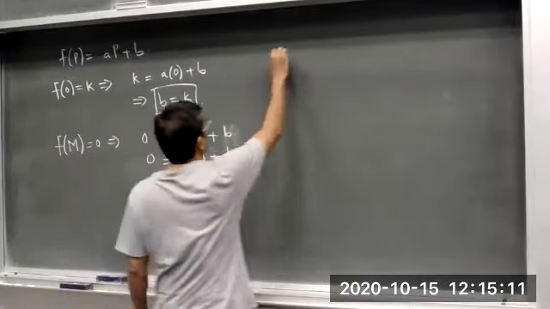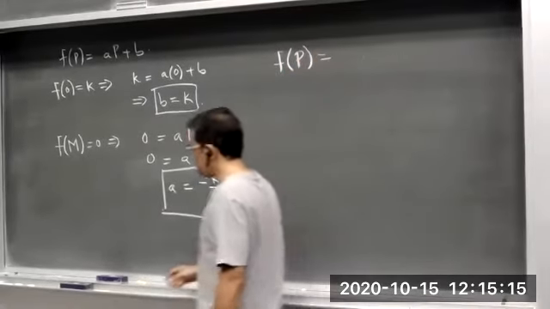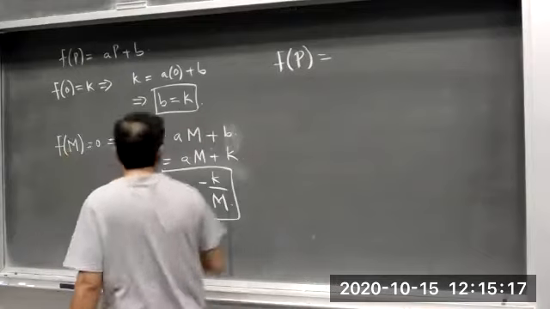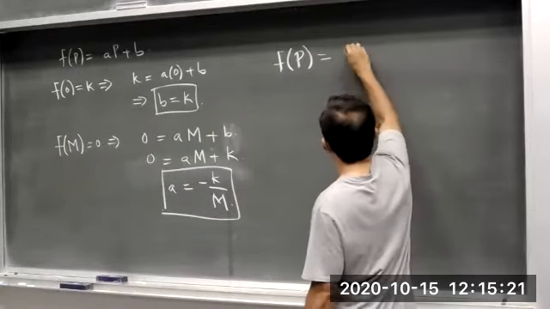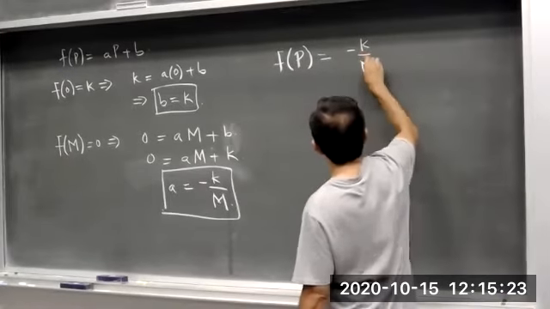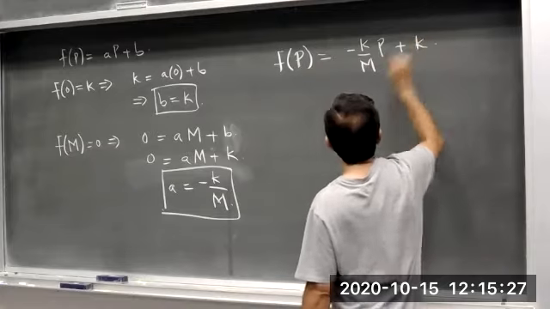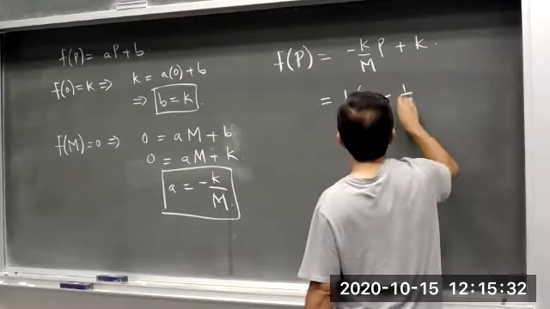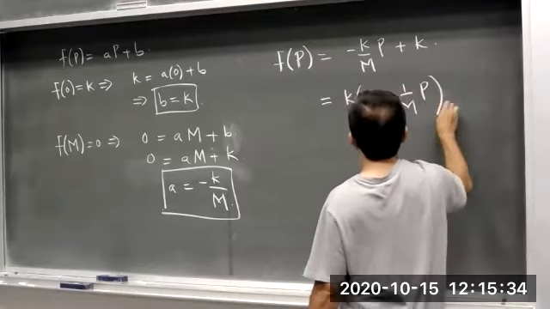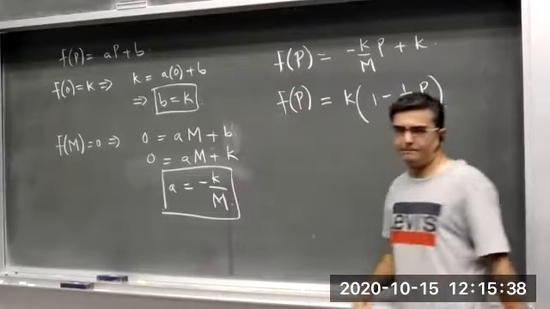So the function becomes f of p is equal to the value of a, negative k by m times p, plus the value of b, which is k. Which can be written as k times 1 minus 1 over m times p. So this is the value of the function f of p.